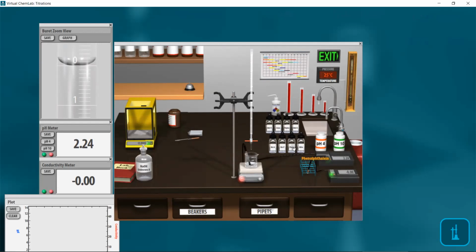In the second bottle here, see where I have my mouse pointed over it, the cursor or the hand, it says phenolphthalein. Click on that and take the eyedropper. You got to position it right so that when you let go, and I didn't do it right, see how it clicked in place? Now I'm going to be adding phenolphthalein, my pH indicator.